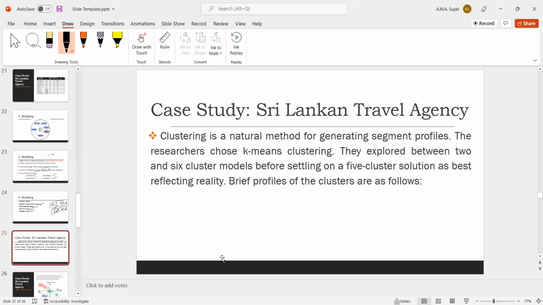If you think about our case study, what they want to do is cluster their tourists based on their interest. For that, as a research team, they decide they are planning to use the k-means clustering algorithm. So how will they find out k-means? Their business objective says they need to group their customers into different clusters based on their interest.